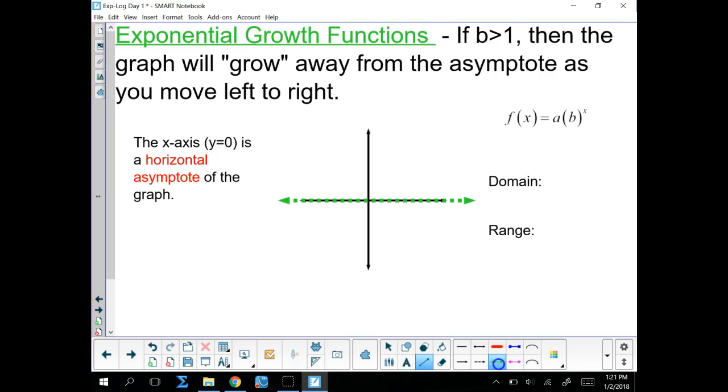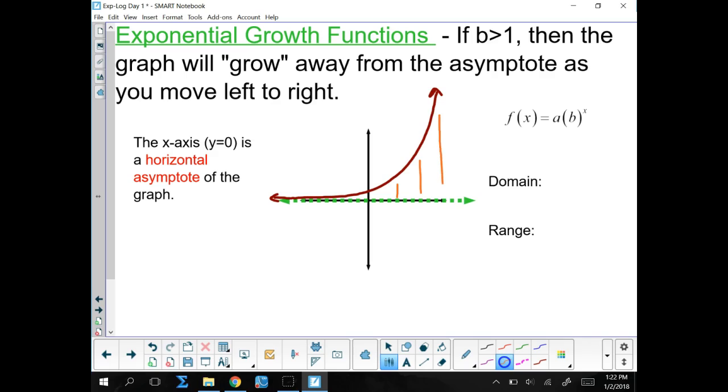Okay? So this graph looks like that. It's growing as I work left to right. This gap right here is getting larger and larger. That's what we mean by growing away from the horizontal asymptote.